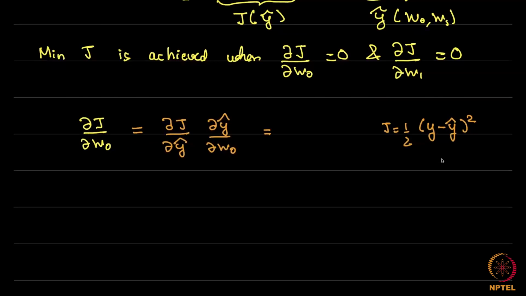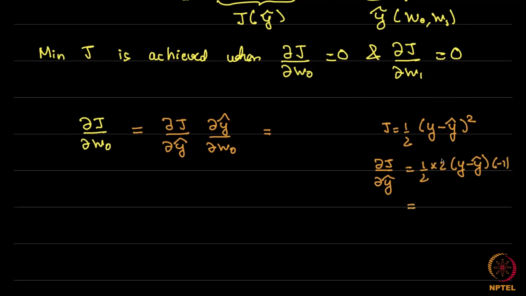Okay, so now if I do that, then del J del y hat simply becomes, this square comes down here, half into 2 into (y minus y hat) into the derivative of (y minus y hat) with respect to y hat. So there is a minus 1.